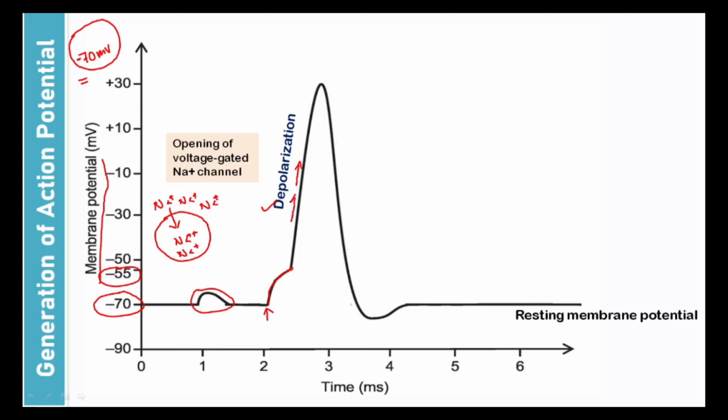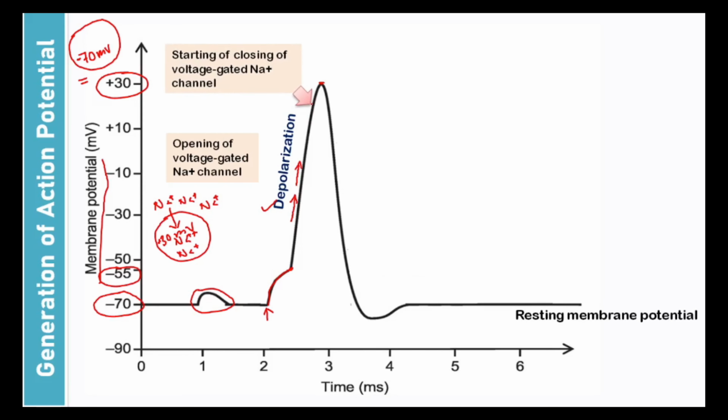The membrane potential is increasing, which is known as depolarization, and it goes up to plus 30 millivolt. That means at this point, inside it is plus 30 millivolt, which is more positive compared to the extracellular fluid.